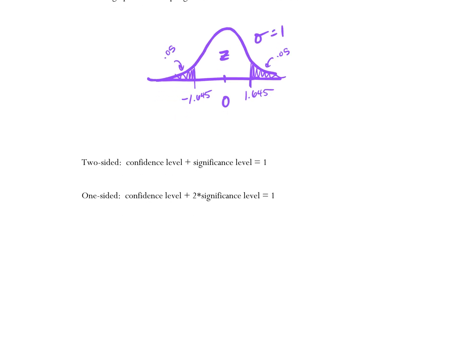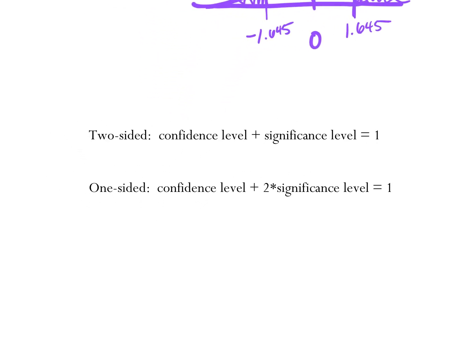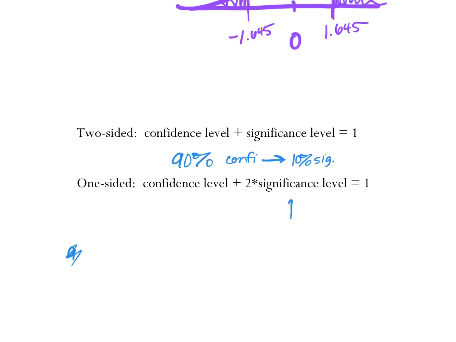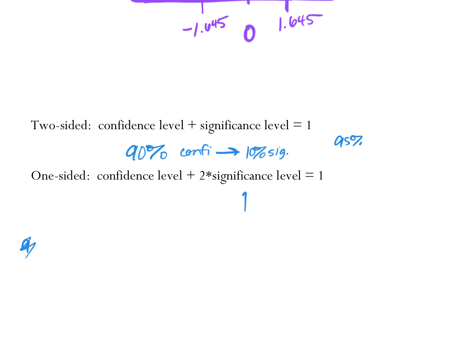Understanding that if it's a two-sided test, your confidence level and your significance level will add to 1. But if it's a one-sided test, your confidence level and 2 times your significance level have to add to 1. In other words, for two-sided tests, 90% confidence would go with 10% significance, or 95% confidence would go with 5% significance.